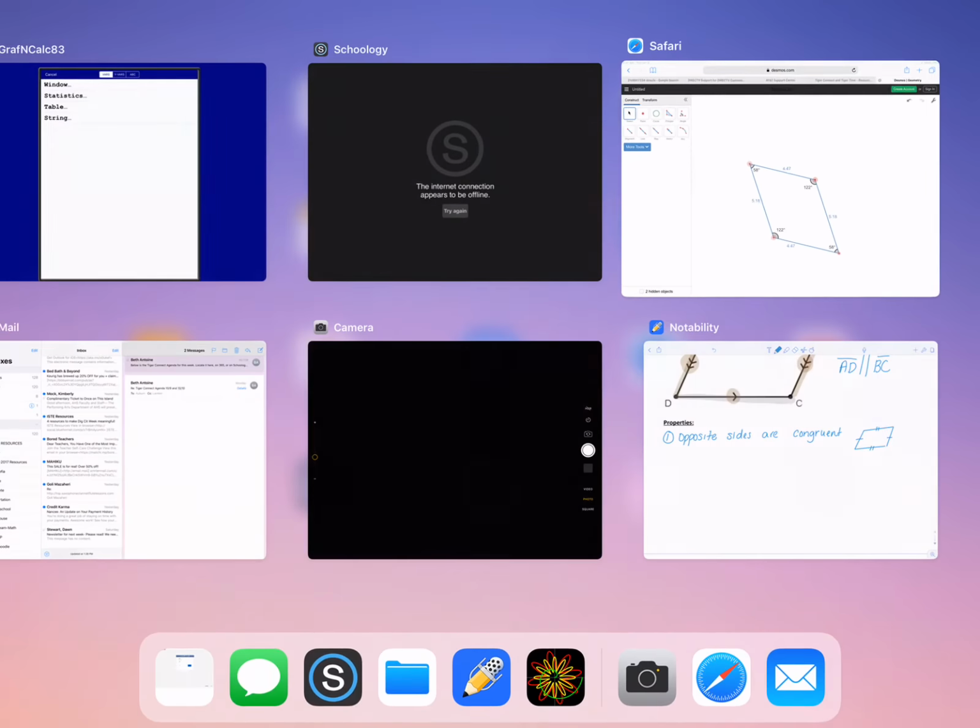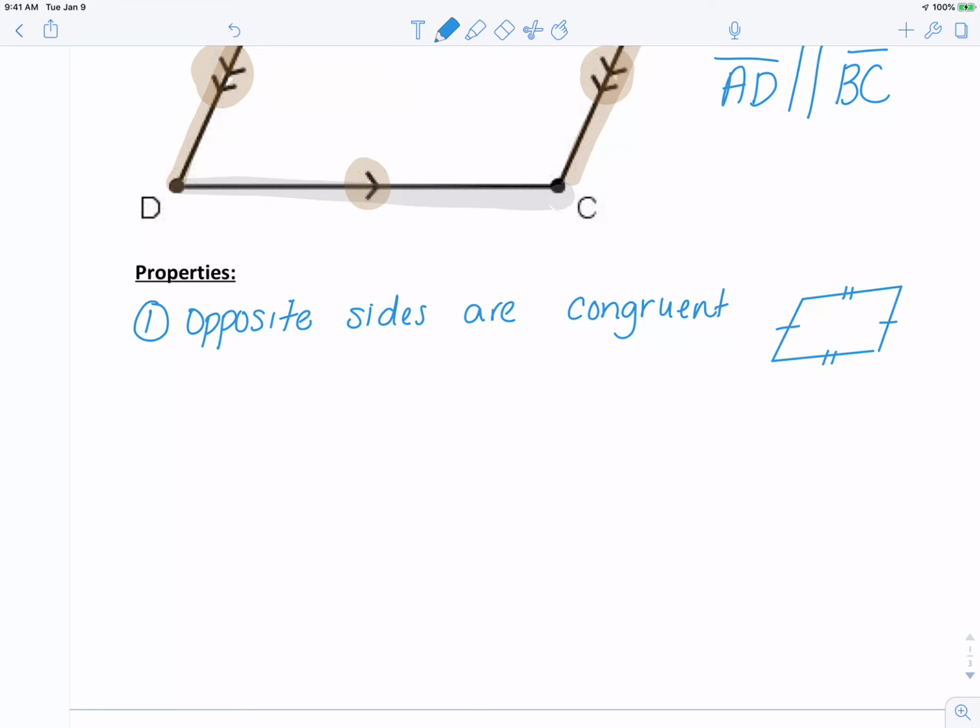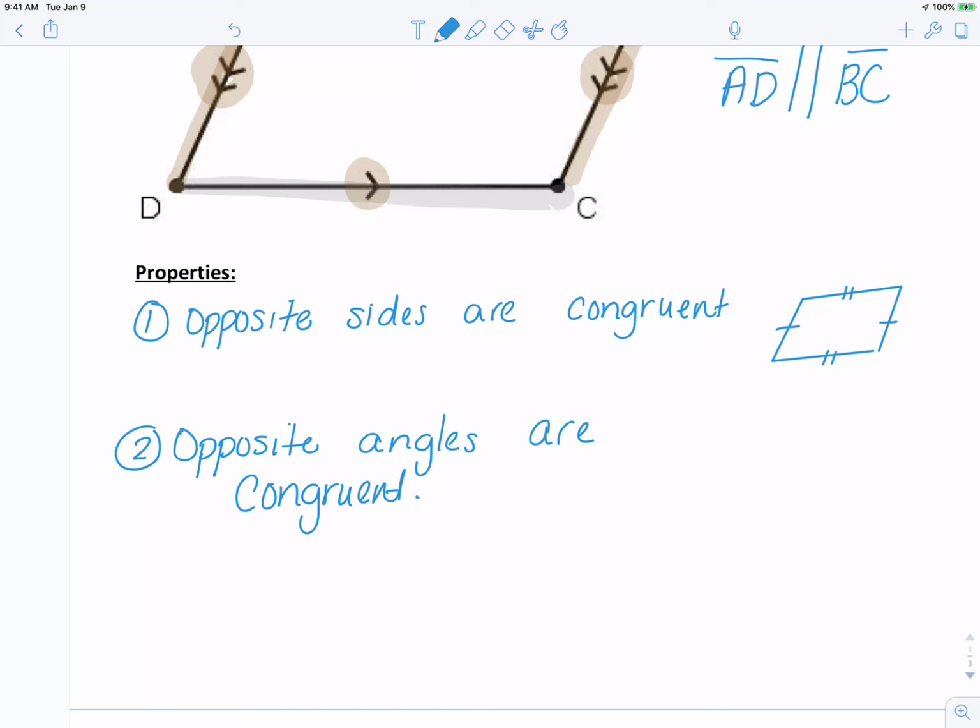So opposite angles are congruent. So that is property number 2. Okay, so if you have a parallelogram, then opposite angles are going to be congruent to each other.